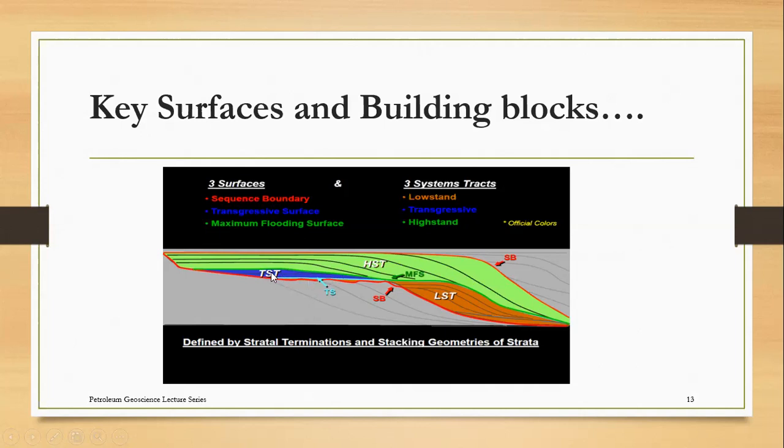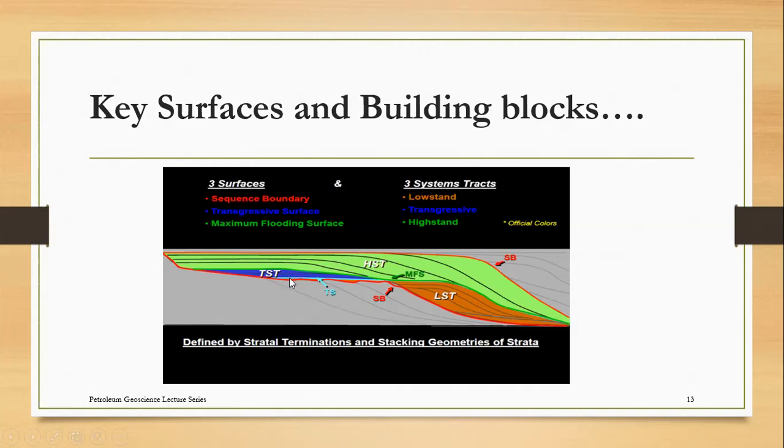You notice that it is relatively thin compared to what you find in your HST and LST. This is because the transgression, most times, is not long lived. So you find the clinoforms not very visible and almost flat lying, and almost always very difficult to actually see on seismic.